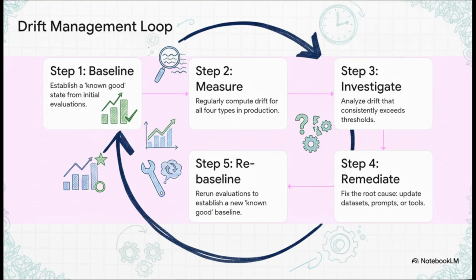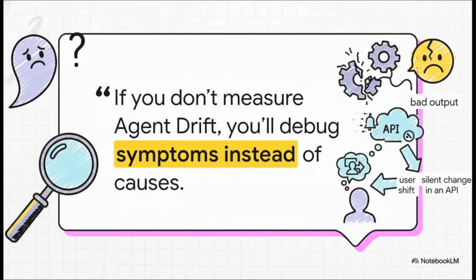Step four is where you fix it. You remediate the problem. And finally, and this is so important, step five, you re-baseline. You run all your evaluations all over again to set a new known good state, and then the loop starts all over again.